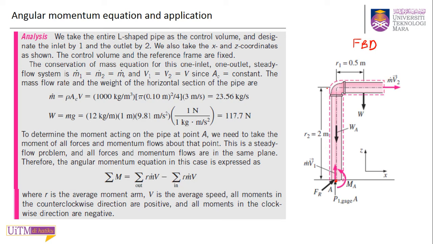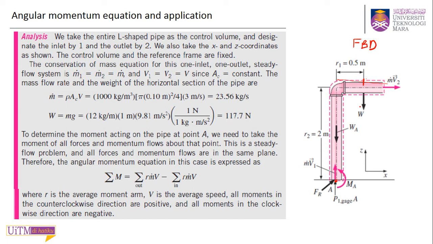Okay, so that is your FBD, and this is the length for horizontal, the vertical R2 is 2 meter, and R1 is half of 1 meter. This is 1 meter, so you have your half point at your W, and we know W is acting at the middle section.